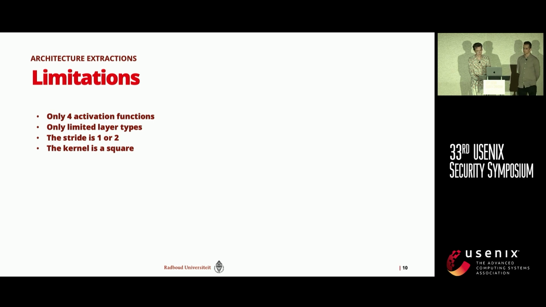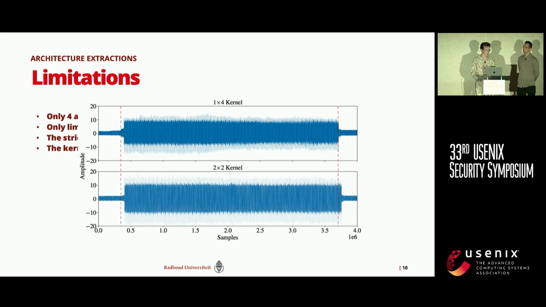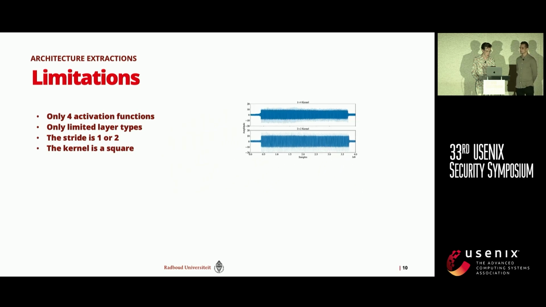Now, that's not always necessary to do. For instance, consider that the kernel is not a square, but in this case, a 1x4 vector instead of a 2x2 kernel. At first glance, the traces look the same, but if you properly align them, you will see that there is in fact some timing difference, which can be used to distinguish the two. Now, of course, this is a very bold example, but what if the kernels look alike?